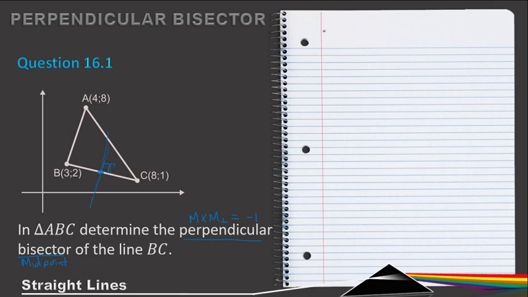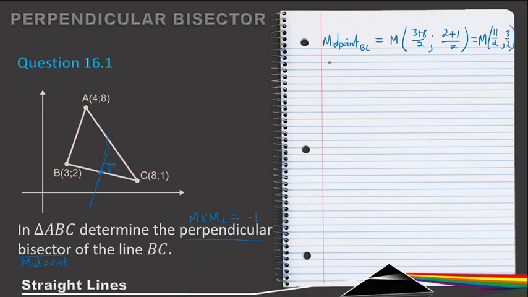Okay, so starting once again, find the midpoint first of BC. We know it's just where we add the x values, 3 plus 8, divided by 2, and add the y values, 2 plus 1, divided by 2. So this then would be 11 over 2 and 3 over 2.